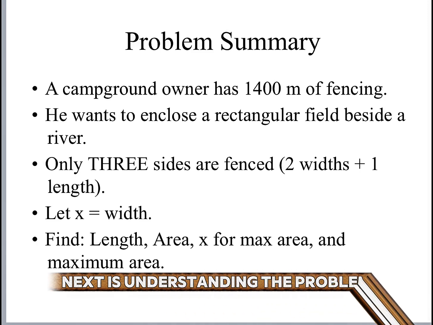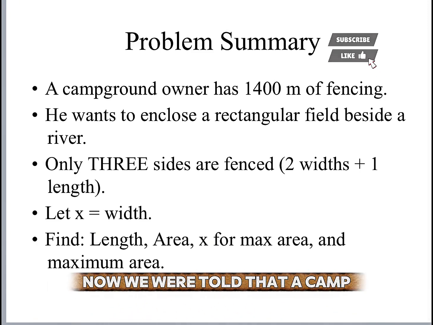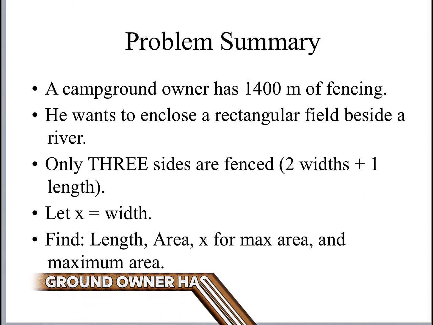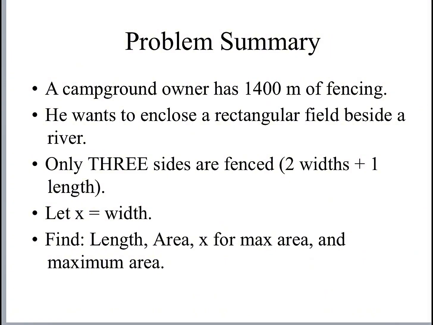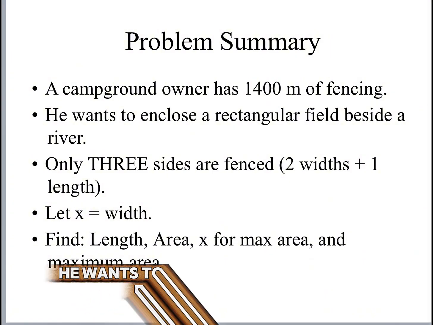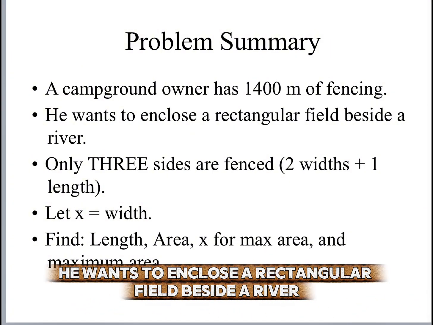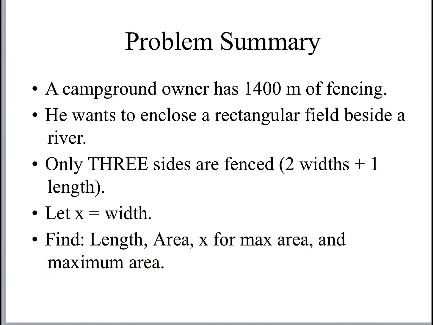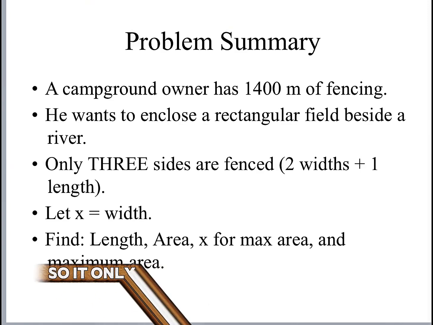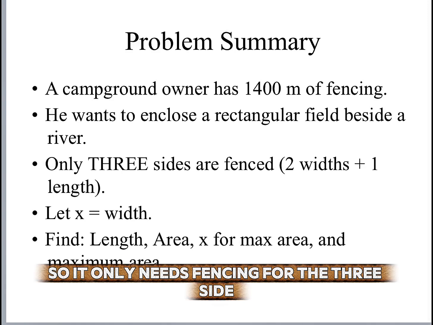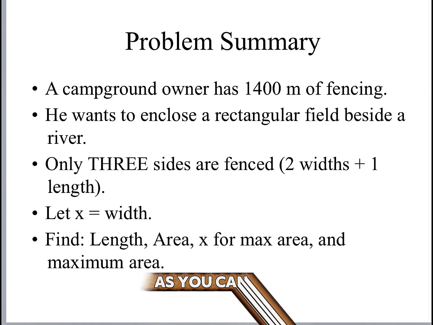Next is understanding the problem. We were told that a campground owner has 1400 meters of fencing. He wants to enclose a rectangular field beside a river, and because the river forms one side of the rectangle, he only needs fencing for three sides, as you can see.